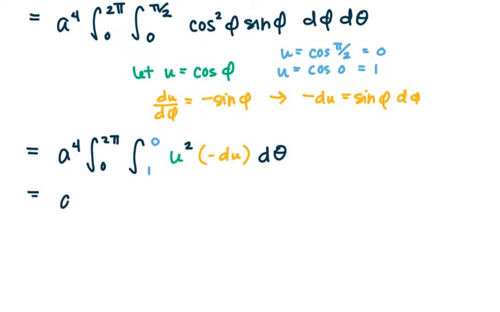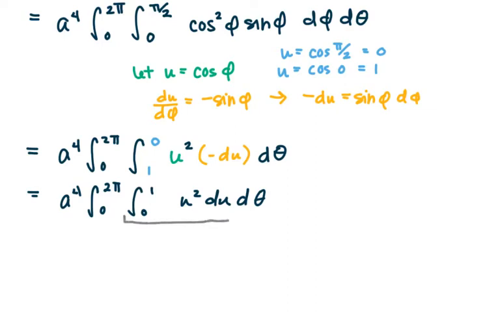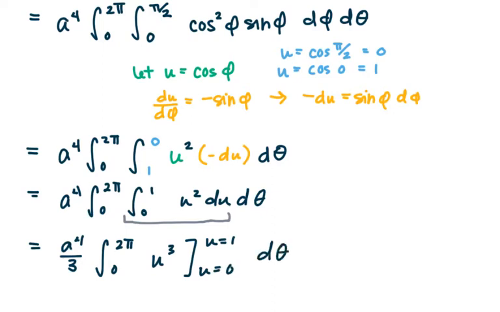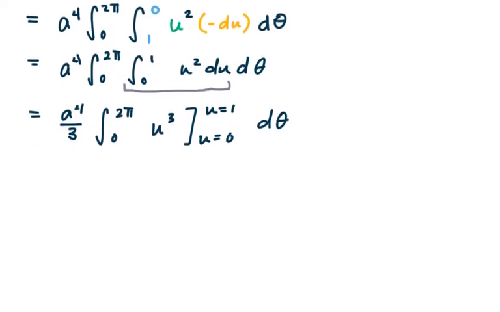And now we have a to the fourth, the integral from 0 to 2 pi, integral from 0 to 1 of u squared du d theta. So this is nice and easy to integrate. I'm going to get 1/3 u cubed. So I'll say a to the fourth over 3, the integral from 0 to 2 pi of u cubed, which needs to be evaluated from u equals 1 to u equals 0 before we integrate with respect to theta.